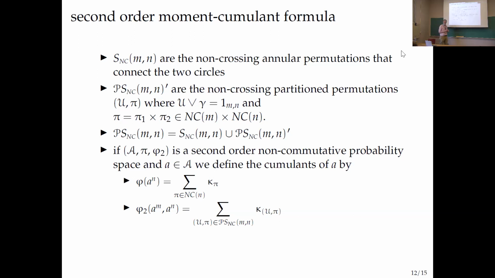Well, here's one thing. I hope I'm not stealing any of Daniel's thunder, but if you take the GUE, you can do this in any order. You can look at cumulants of all orders. Why is the GUE the simplest distribution?